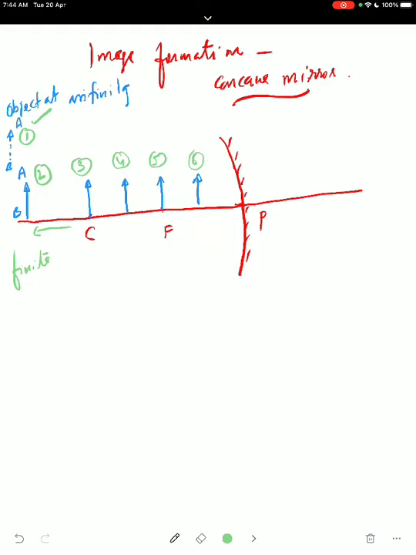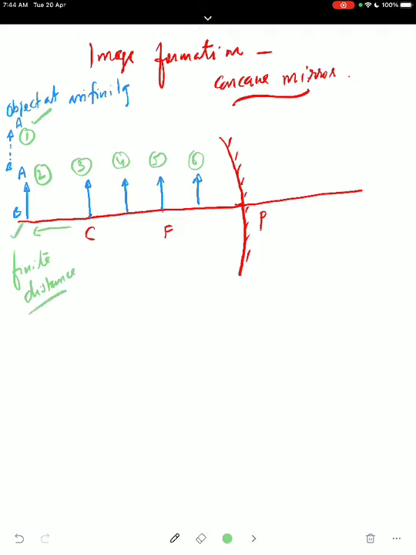What are the different locations of the object? You can draw this diagram. First, very, very far, we call it the object at infinity, for example the sun. Next, a little closer, we say it is at a finite distance, beyond C, the second case.